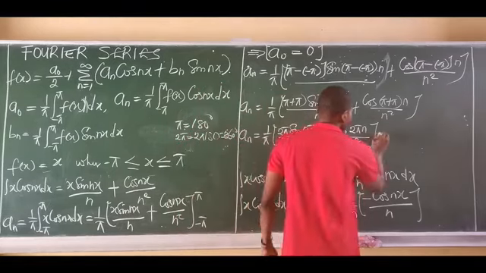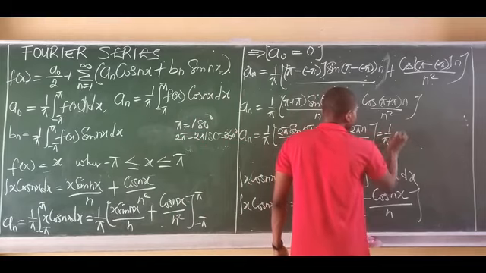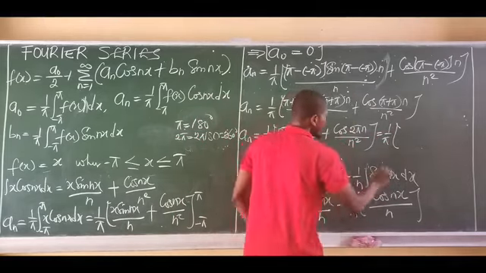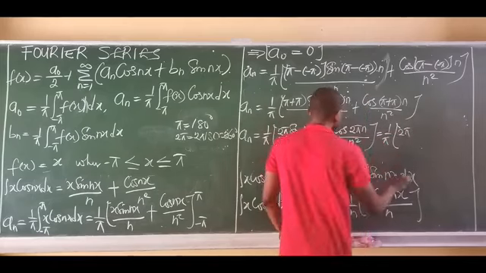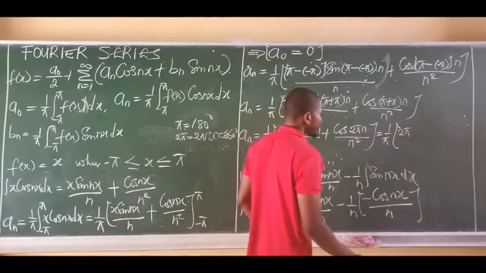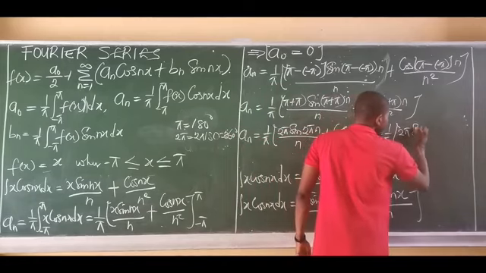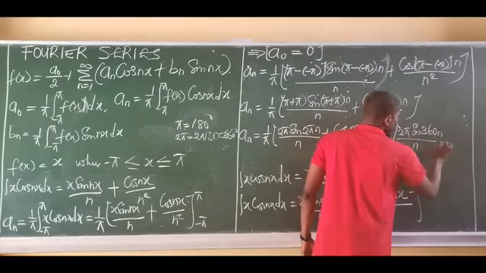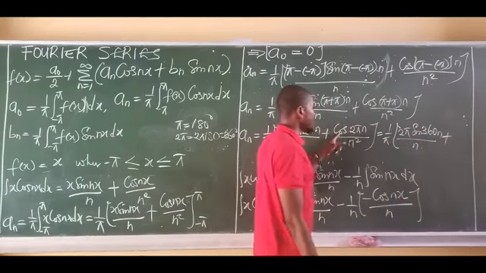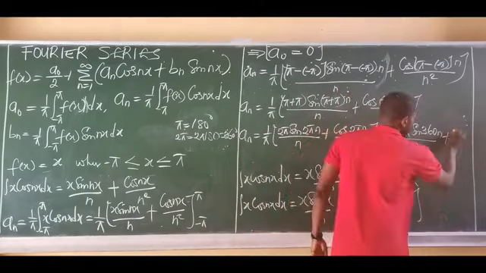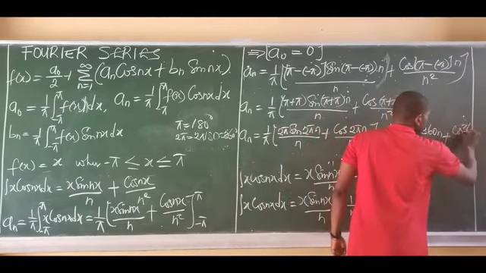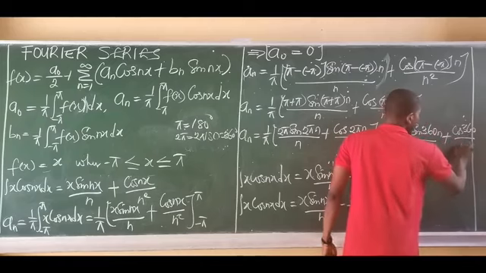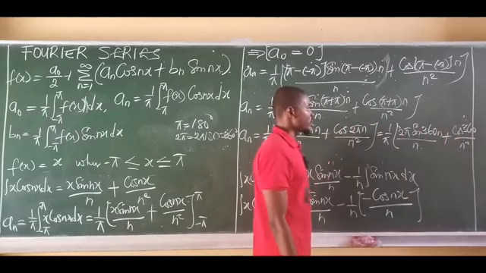So this is equal to 1 all over pi into 2 pi. Now sine 2 pi there becomes sine 360 n all over n plus, same thing, cos 2 pi here becomes cos 360 all over n squared.